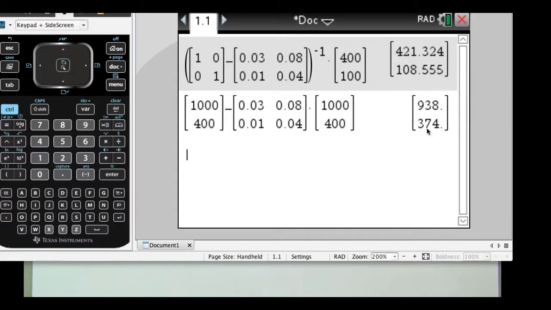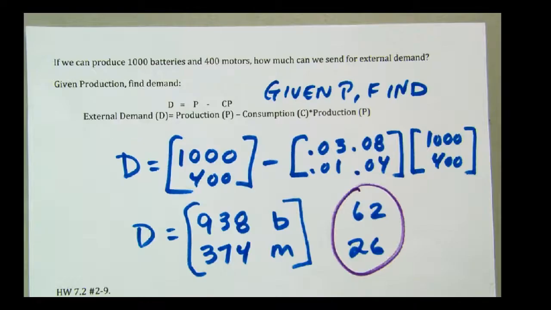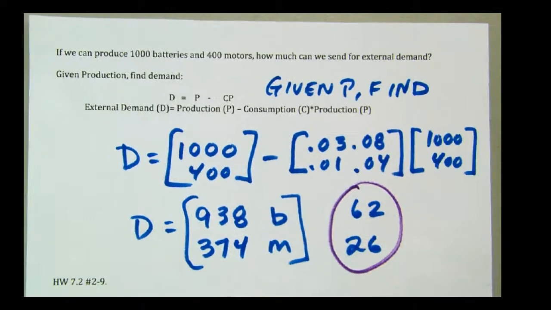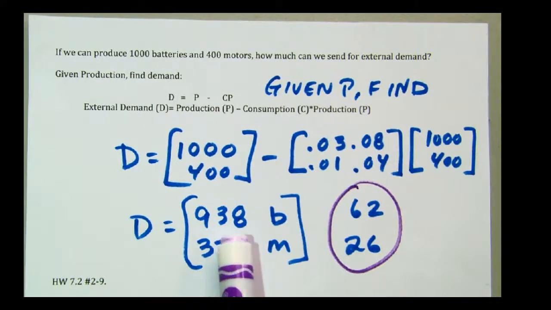What do those numbers mean, and does this make sense? Once again, this is my production. This is what's available to go outside. Yes, it makes sense that these numbers are less than my production. So how will we answer this? External demand, I can accommodate 938 batteries and 374 motors.